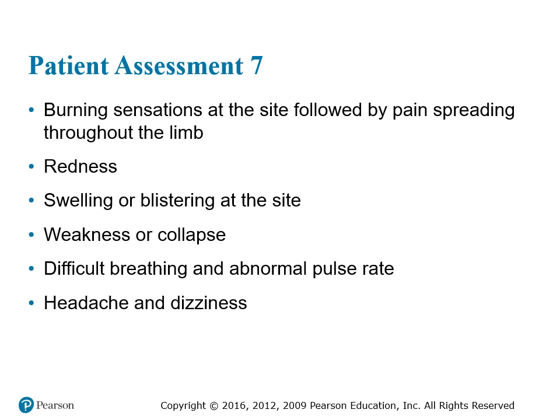Once the venom starts circulating, obviously you can get very weak, you can collapse, you can have neurological issues. It's a neurotoxin, and so you have difficulty breathing, abnormal pulse rates, headache, dizziness, confusion, all sorts of just fantastic things for the patient to be going through at that point.